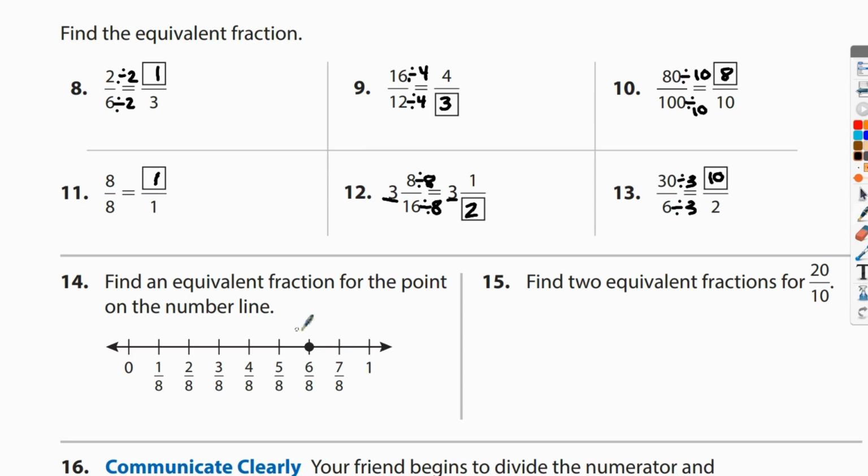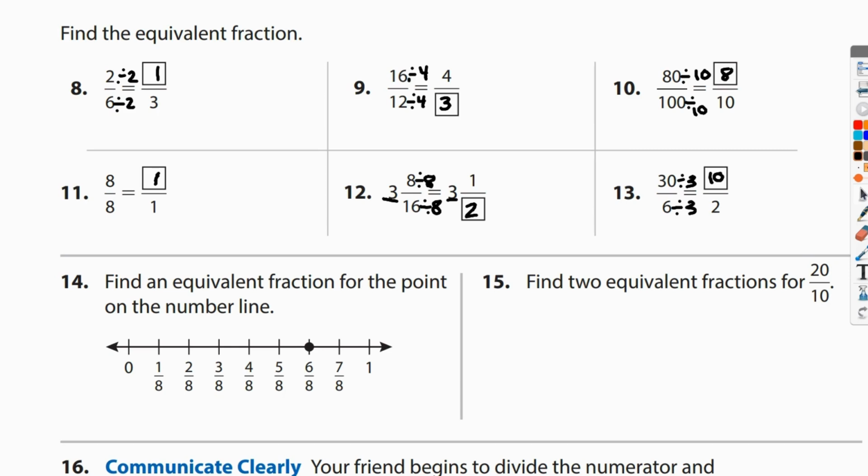Now, the point on the number line, it says find an equivalent fraction for the point on the number line. Well, let's see. It's divided into 1, 2, 3, 4, 5, 6, 7, 8. So I need to find out what fraction is equivalent to that fraction.